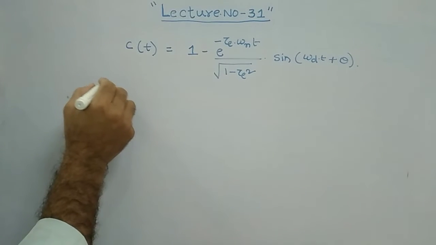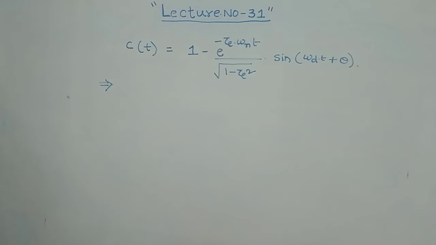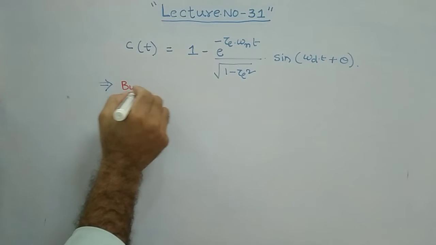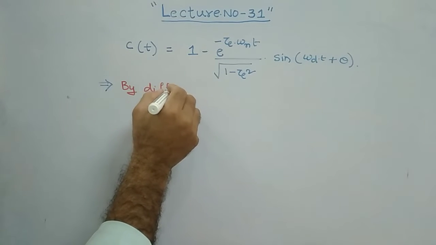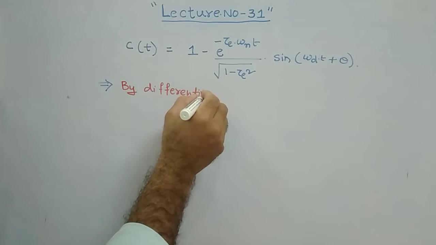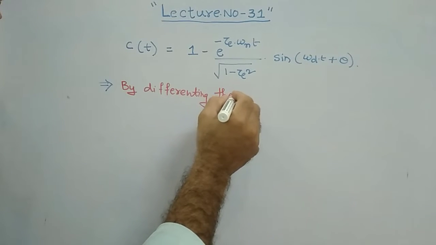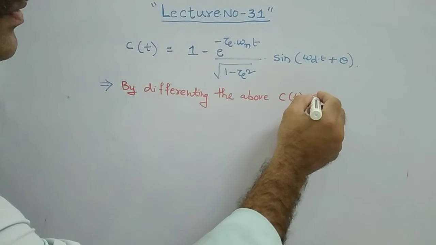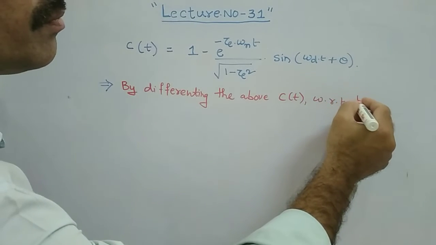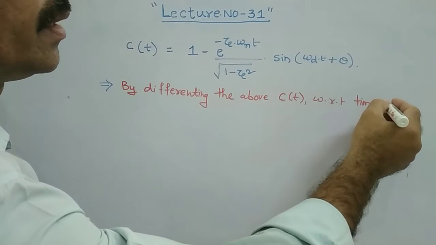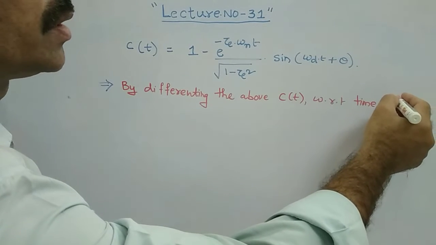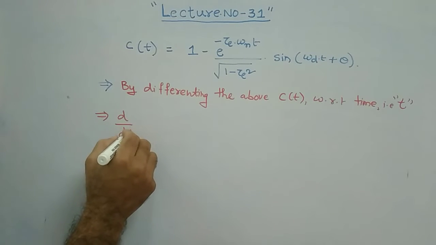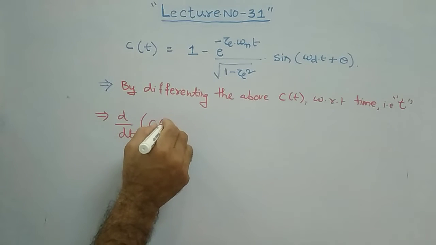Now differentiate the above C of t with respect to time t, that is d by dt of C of t.